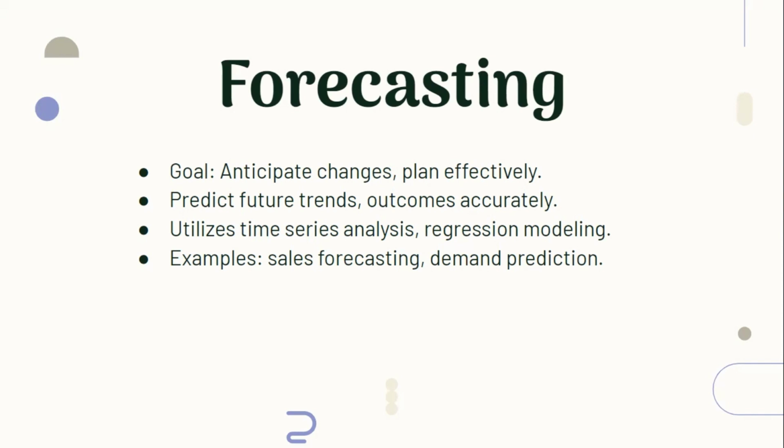Operations research utilizes forecasting techniques to anticipate future demand, market trends, resource requirements, or system performance. Accurate forecasts enable organizations to make proactive decisions, allocate resources efficiently, and adapt their strategies to changing circumstances. Forecasting plays a crucial role in optimizing inventory management, production planning, financial projections, and capacity utilization in various industries.